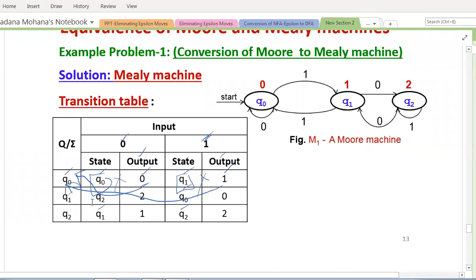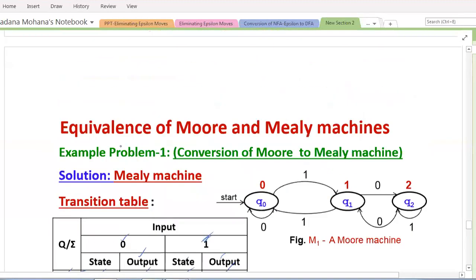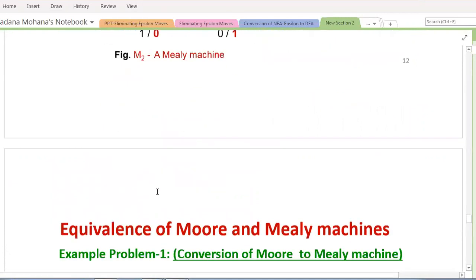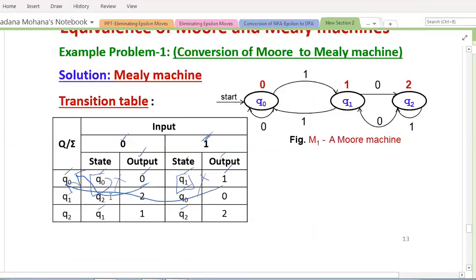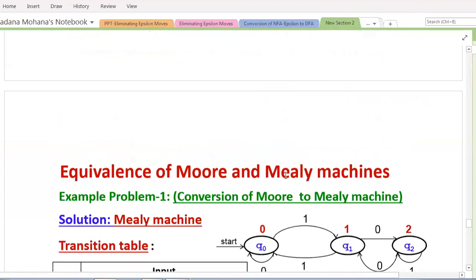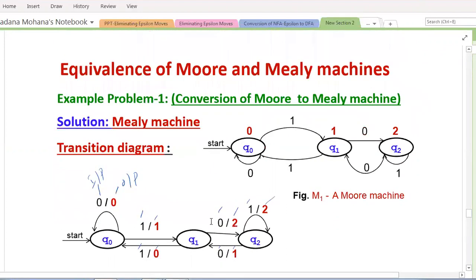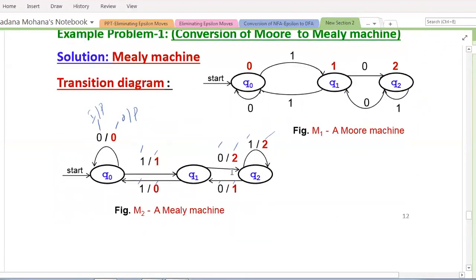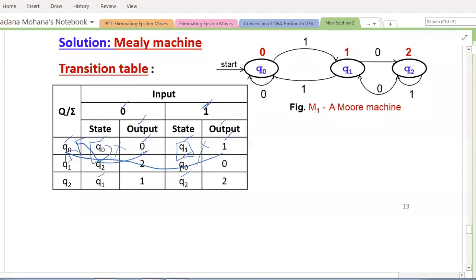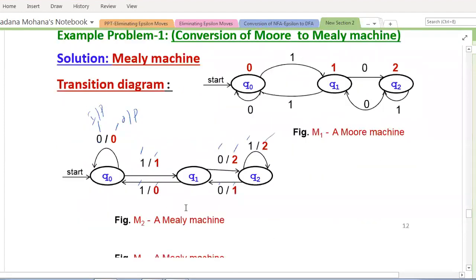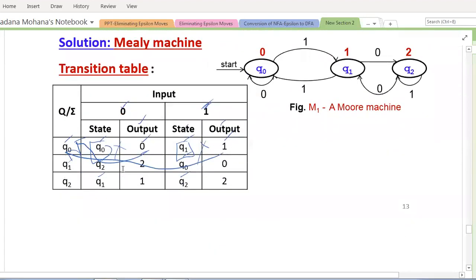Similarly for the Q1 state on input 0, its output is 2. So the same is added here. Then Q1 on input 1, its output is 0. So therefore 0 is added here.